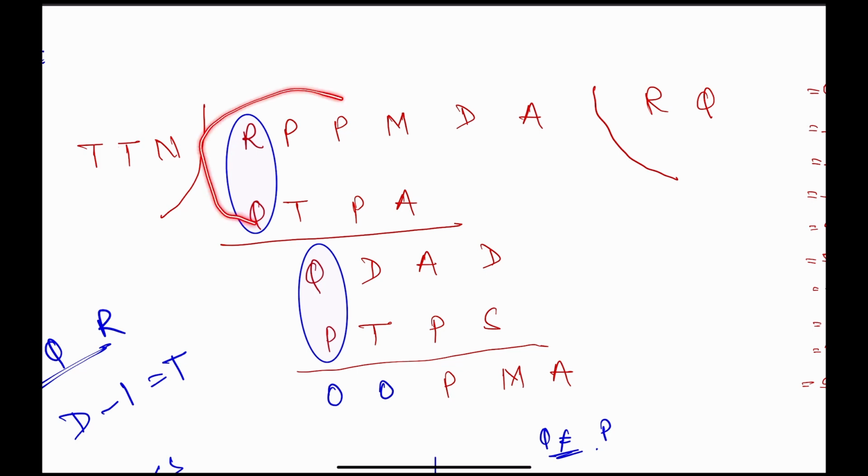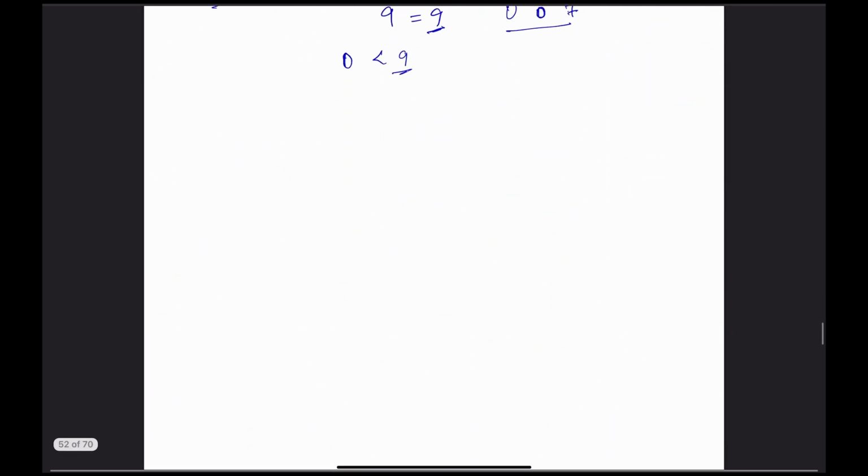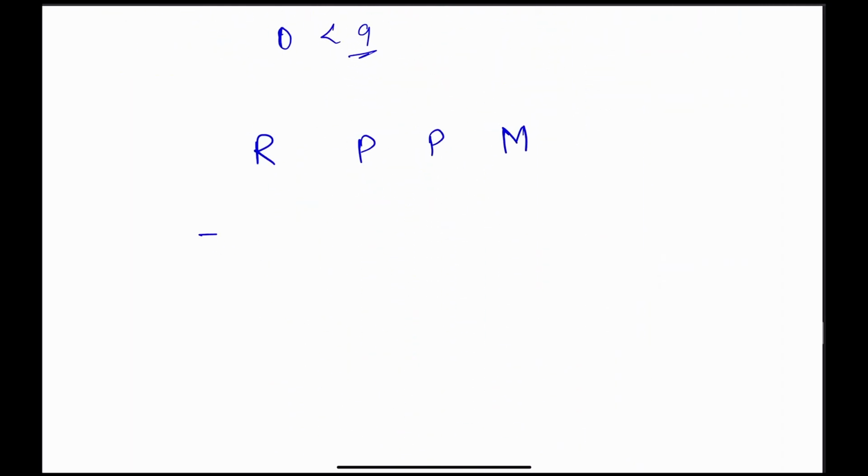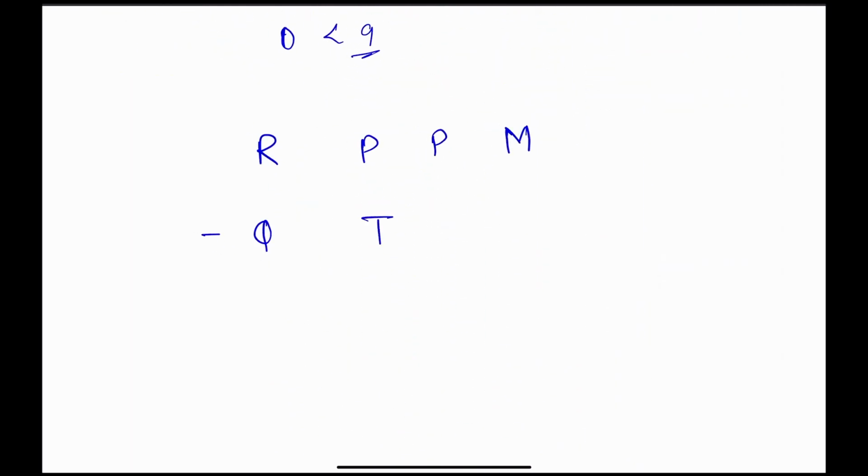So let's now focus on this one. R double P M minus, what is it? Q T P A, and what I'm getting?